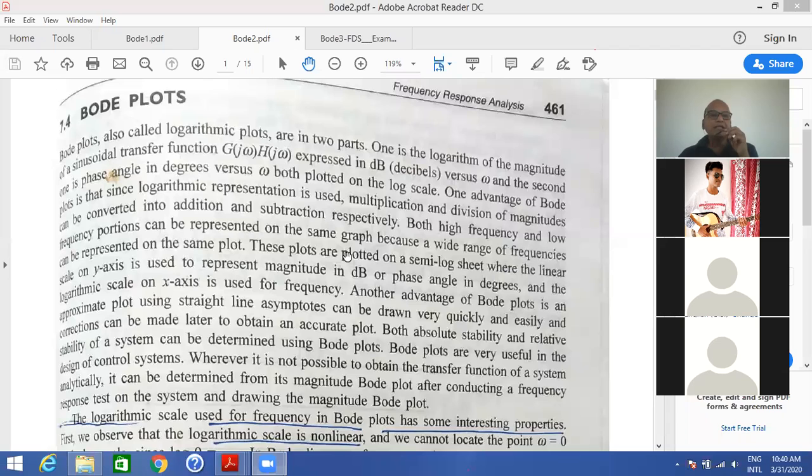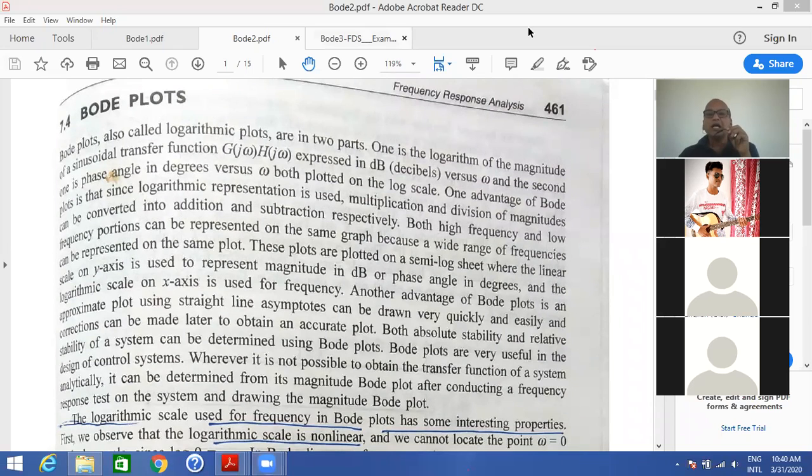Okay. Then convert the sinusoidal transfer function into the time constant form. That is a 1 plus in the numerator and 1 plus in the denominator.